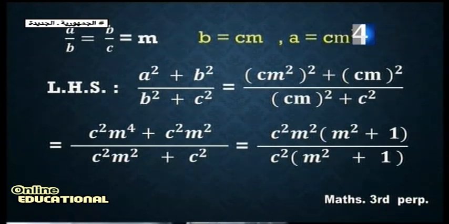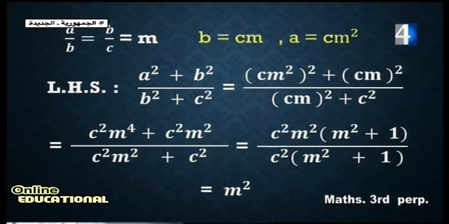Over, take a common factor from both terms as C to the power of 2 to obtain a result as C to the power of 2 brackets M to the power of 2 plus 1. By simplifying or reducing C power 2 with C power 2 and M power 2 plus 1 with M power 2 plus 1 to obtain a result as M to the power of 2.